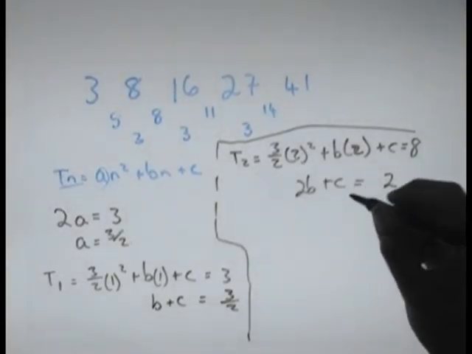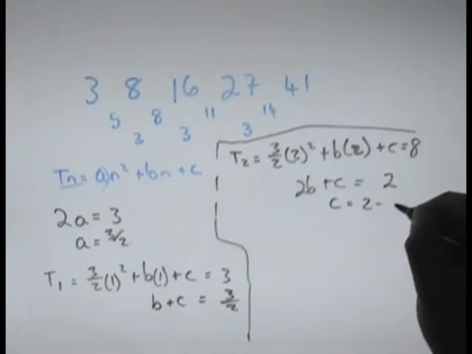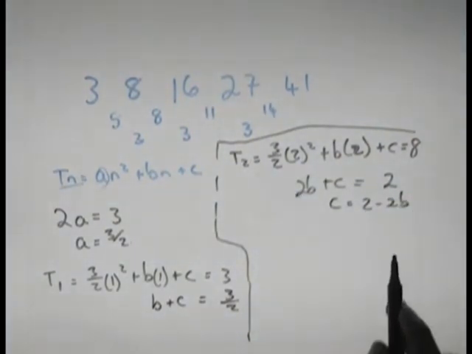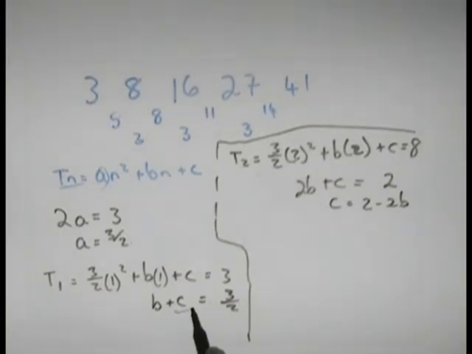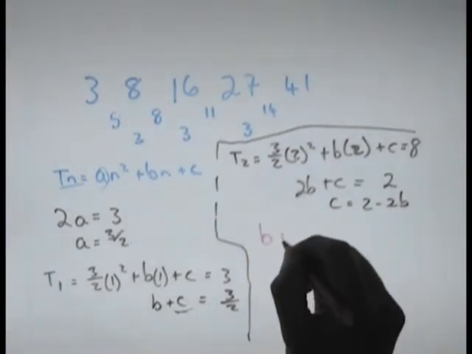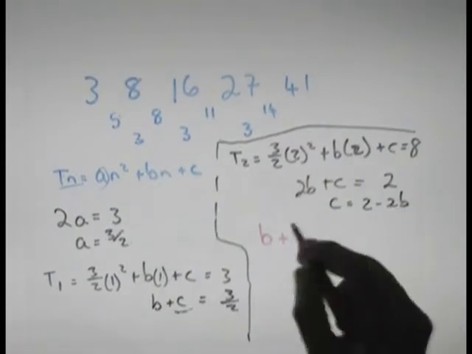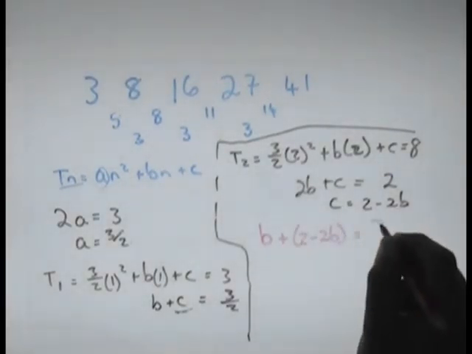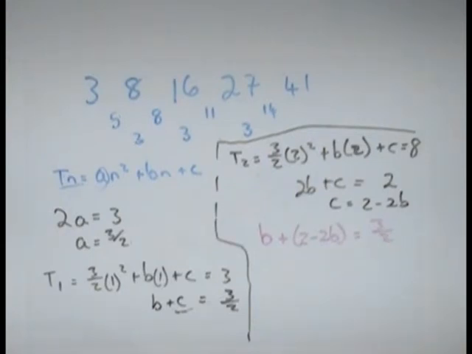That means that in this case c is equal to 2 minus 2b. All I've done is taken that across, substitute that into there. We're then going to be left with b plus, instead of c we have 2 minus 2b is equal to 3 over 2.